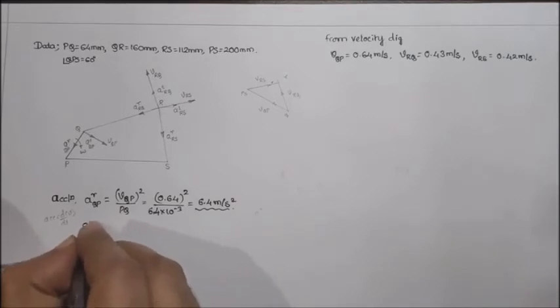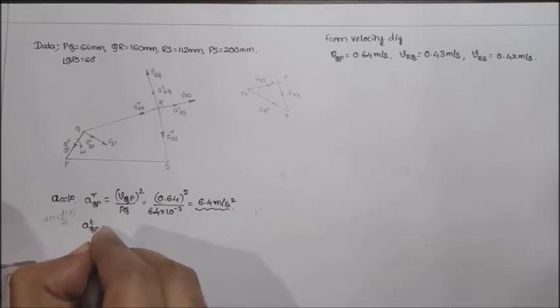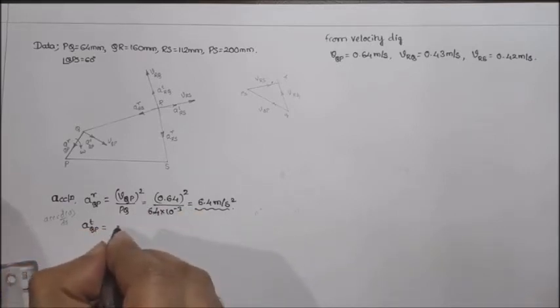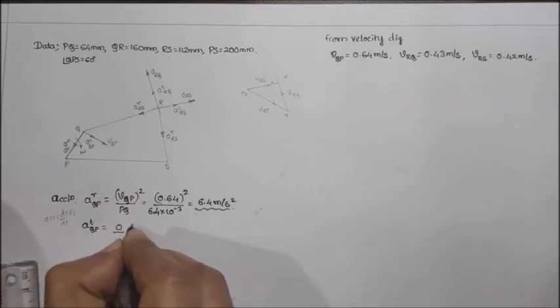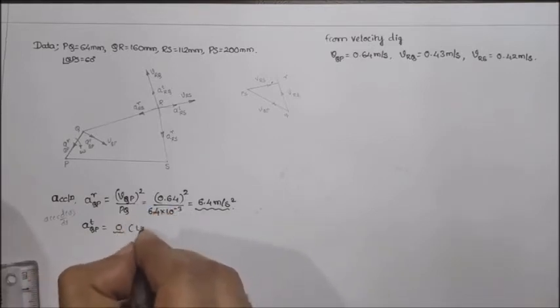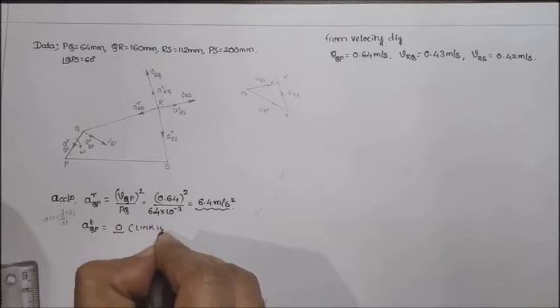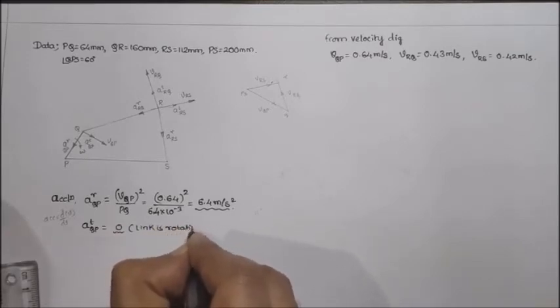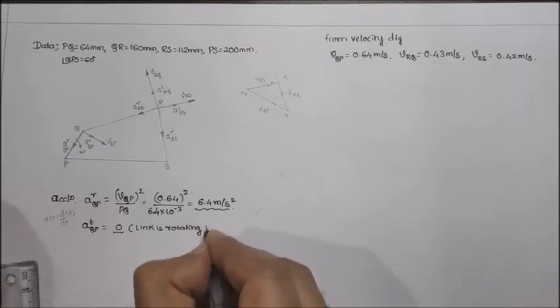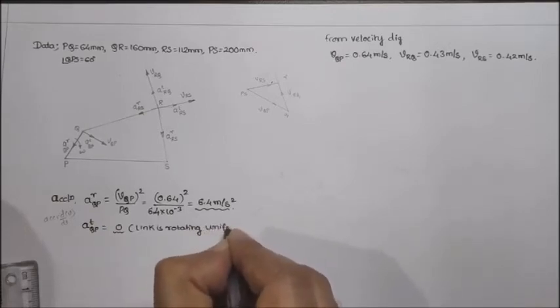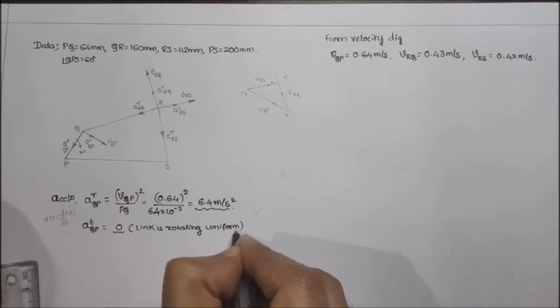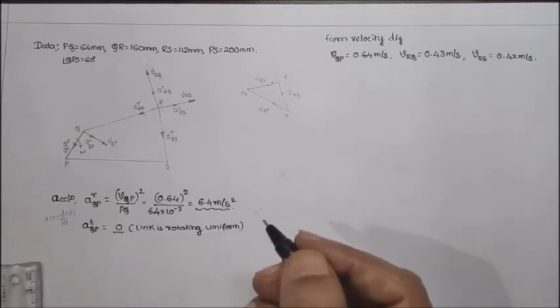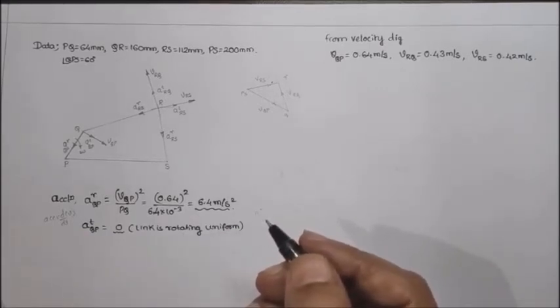Okay, next we require to find the acceleration tangential of QP. The value of this will be 0. Why? Because the link is rotating at uniform speed, so there is no change in velocity with respect to time.